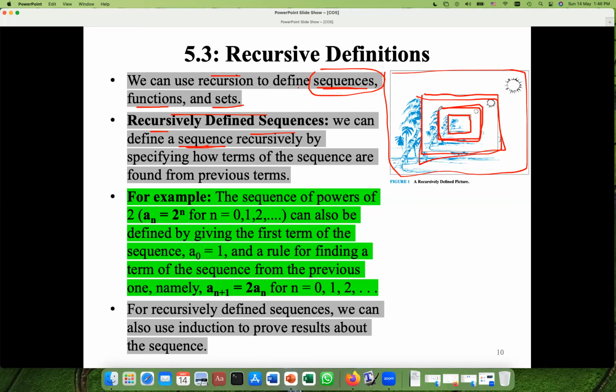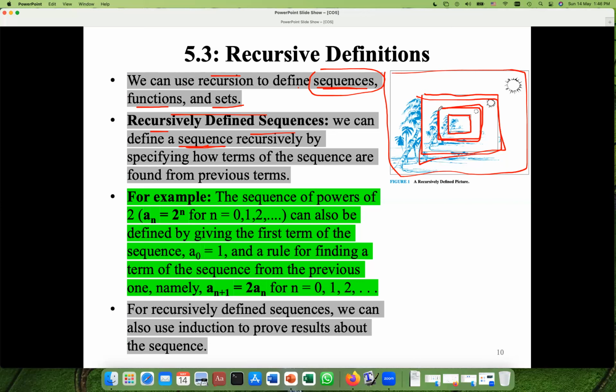This is the general definition. The normal definition is that if in your algorithm or in your program, a statement is calling itself again and again, that is called recursion. You will see that definition in the next slide.